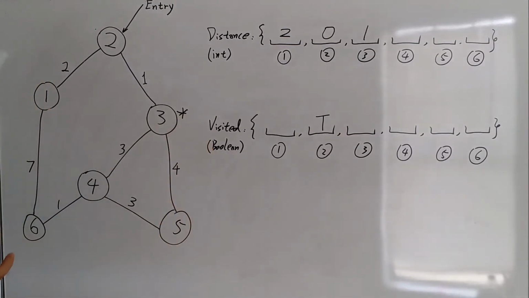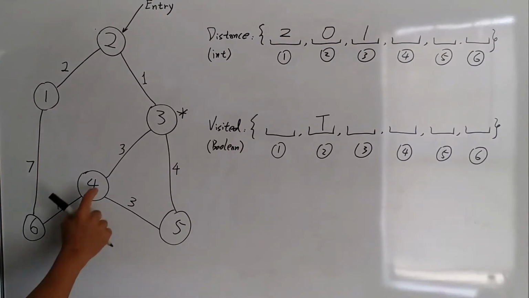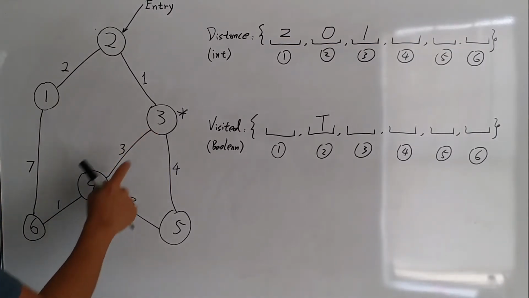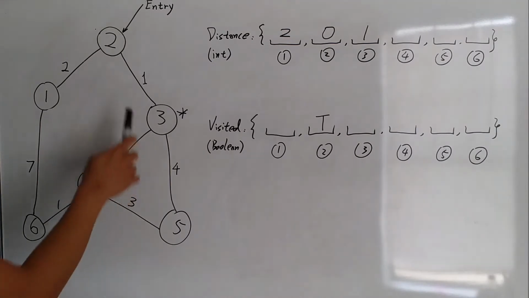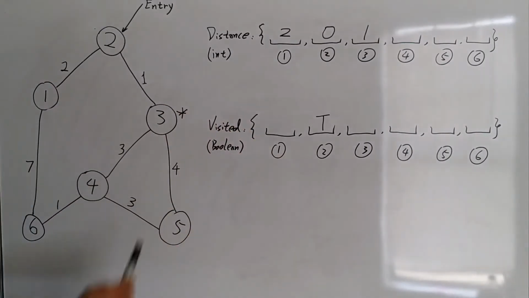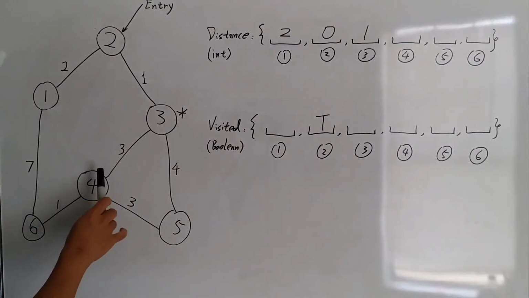Now we have to check all the neighbors for node 3, which are 5, 4, 2. Node 3 has 3 neighbors, so we have to check one by one. For the neighbor 2, it was already checked, so we skip. Now we check node 4. What's the distance for 4?